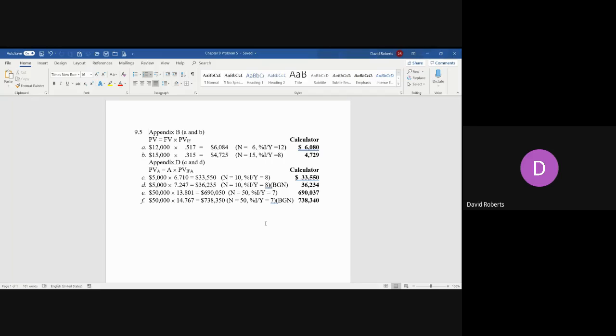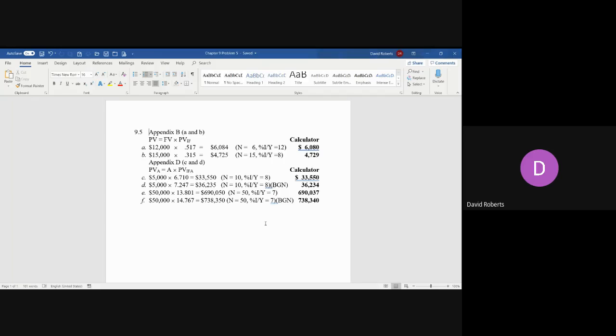Be careful. Almost all the calculations in this course are END mode. So make sure your calculator is on END mode. And then parts E and F are the same, except the amount of money has changed, the time has changed.